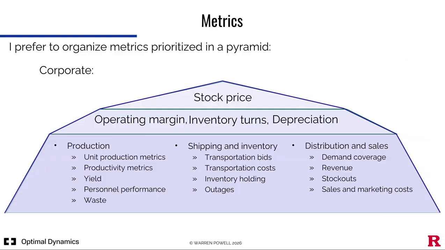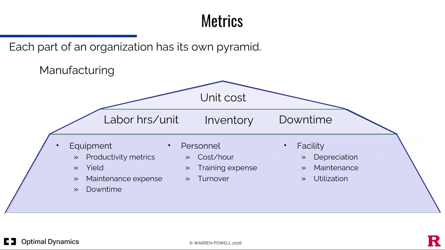Now, I understand that we need many metrics, but I would like to prioritize using a pyramid, where at the top of the pyramid that's the top dog. That's the metric that you're focusing on, but it depends on where you are in the company. So if I'm working at a corporate level, and it's a publicly traded company, I'm focused on the stock price. Or if it's private, it's maybe the profitability. But maybe I'm down in a manufacturing plant where I don't know anything about the stock price. I really just know about the unit cost, and that's the metric that I can impact.